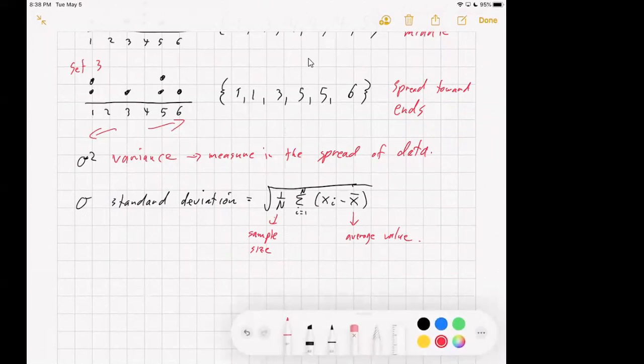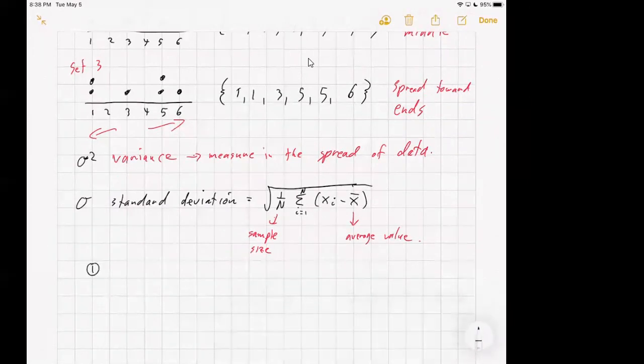The first thing we do is find the difference between each individual data point, each individual value, and the average.